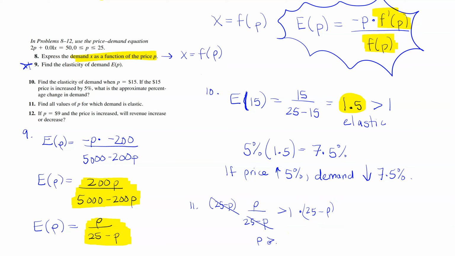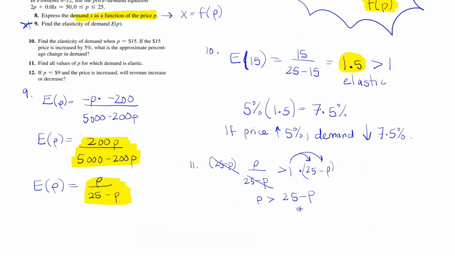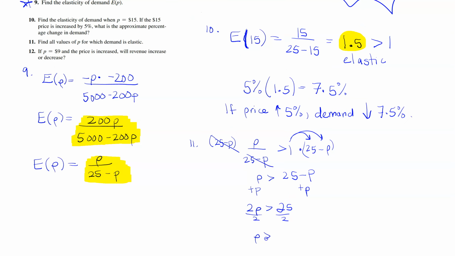So P is going to be greater than 25 minus P. And then I'll go ahead and add P to both sides. Okay, so 2P is greater than 25, and then I'll divide both sides by 2, and that gives me that P is going to be greater than 12.5. So that's a price of $12.50.